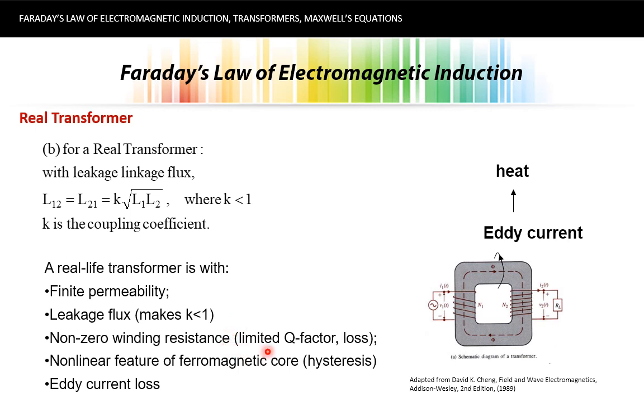We have non-zero winding resistance, resulting in limited Q factors and losses. We have the nonlinear feature of the ferromagnetic core, that is the hysteresis. And finally, we have eddy current losses, which generate additional heat loss.